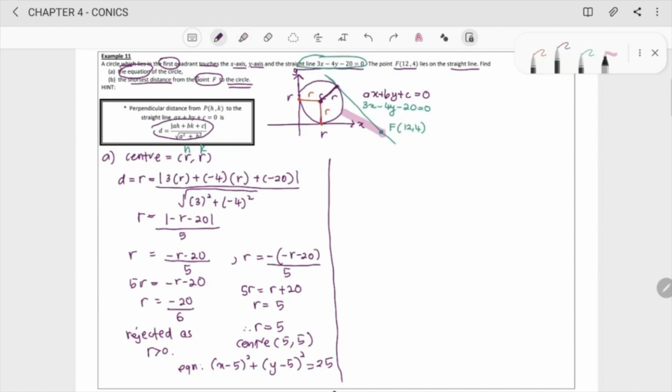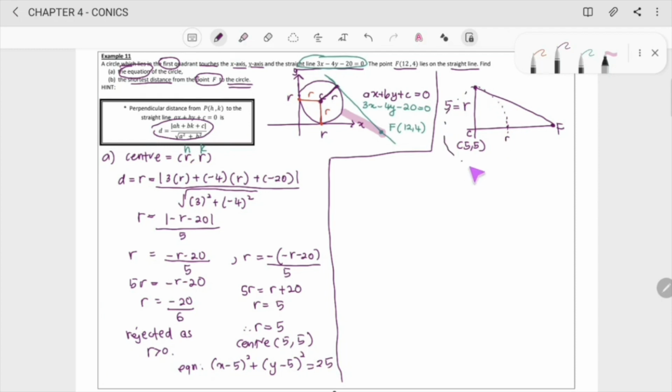Let me redraw this. Let's say we have this, and this. This is F, and this is the center, the (5, 5) coordinate. This is the radius, where the radius is 5. This is the point of tangent. So we know that somewhere will be R here.